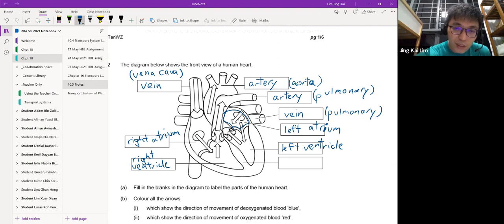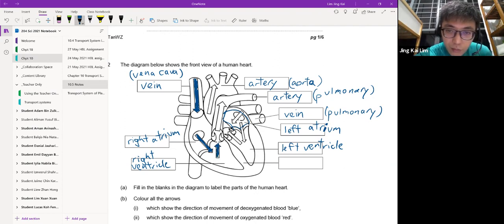On the right side here, if I were to just continue to jump to part B, part 1, the right side of the heart is the one that will pump the deoxygenated blood. Remember, this is the mirror image.